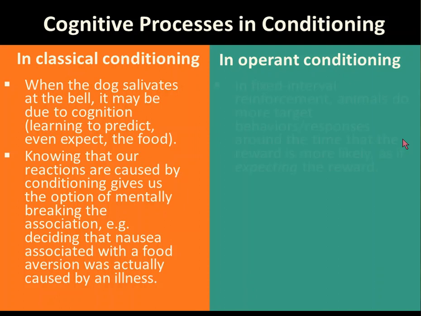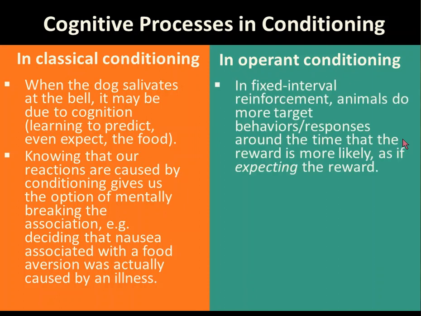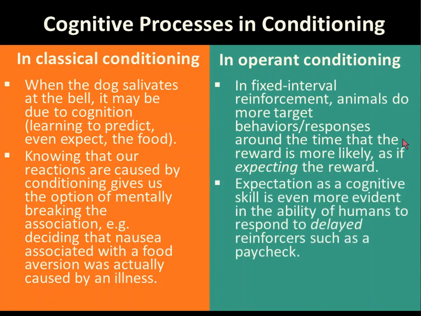In operant conditioning, in a fixed interval reinforcement schedule, animals do more target behaviors or responses around the time that the reward is more likely, as if expecting the reward. Expectation as a cognitive skill is even more evident in the ability of humans to respond to delayed reinforcers such as a paycheck.